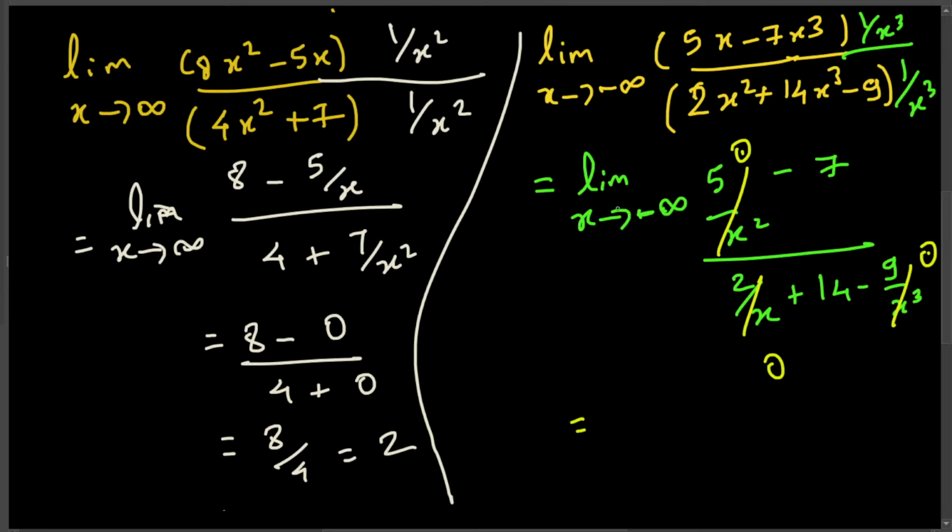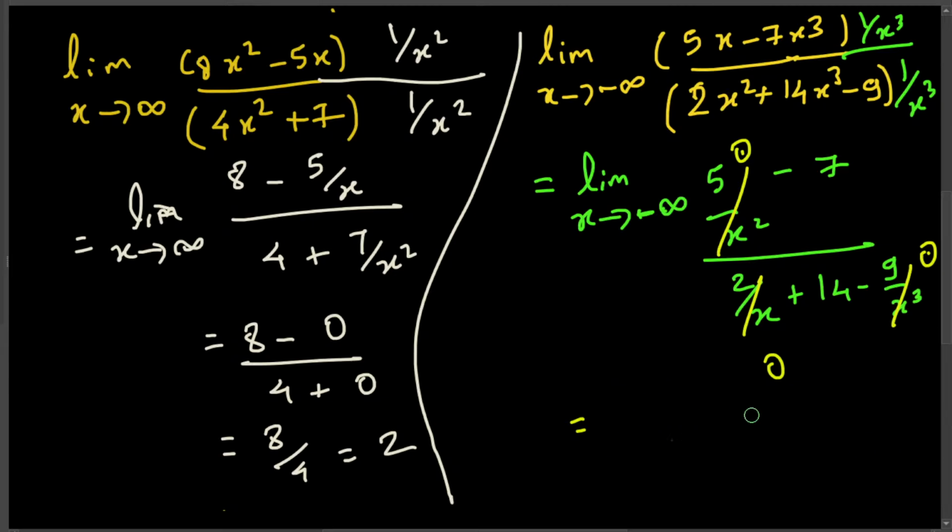Make sure that if I'm substituting, I have to remove the limit as well. It's better to show one more step, so I'm going to write one more step here. Limit x approaches negative infinity, and then, okay, you know what, since I'm substituting, I don't need the limit anymore.